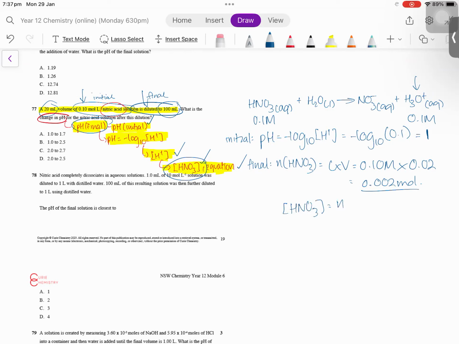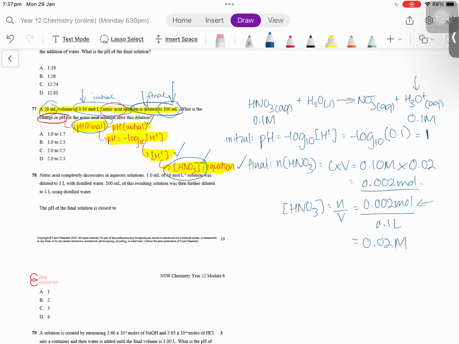So HNO3 is moles on volume, 0.002 moles. Now that I'm at my final concentration, I've got my final moles and I need my final volume, which was the original 100 mils, which I take as 0.1 liters. And that gives me 0.02 molar.